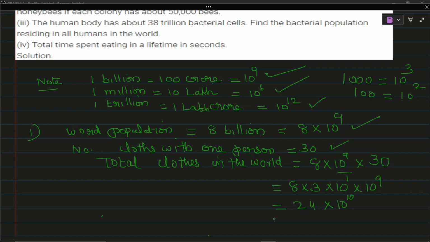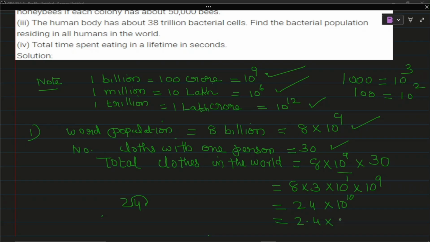And we have to write the answer in scientific notation, so the first part should be less than 10. This is 24. We can make it less than 10 by moving the decimal. Here there is no decimal, so we consider it to be here. Now take this decimal to here. So this becomes 2.4. In scientific notation there are 2 parts.